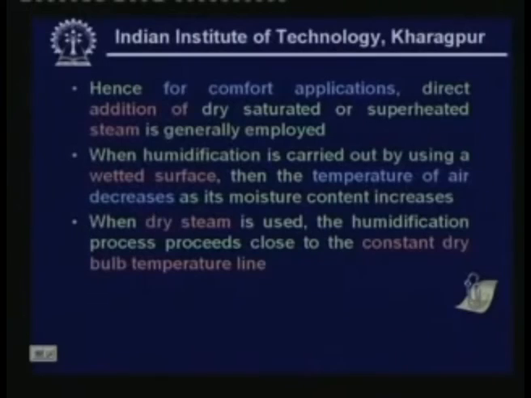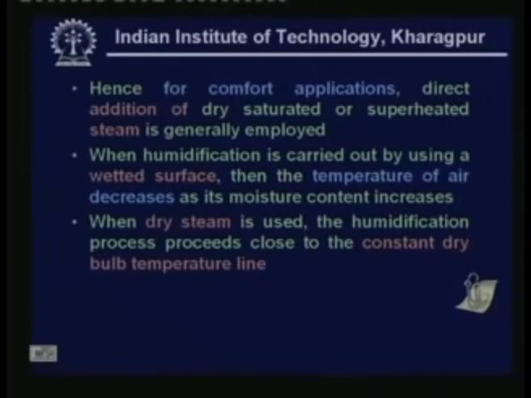As a result, the temperature of air reduces. That means the process moves along or close to the wet bulb temperature line. However, if you are using dry steam, then you find that the humidification process proceeds close to the constant dry bulb temperature line.